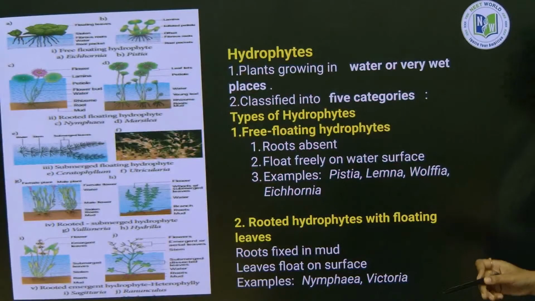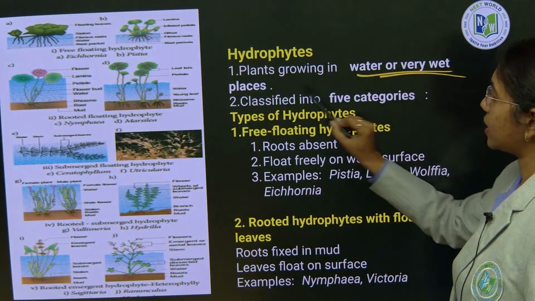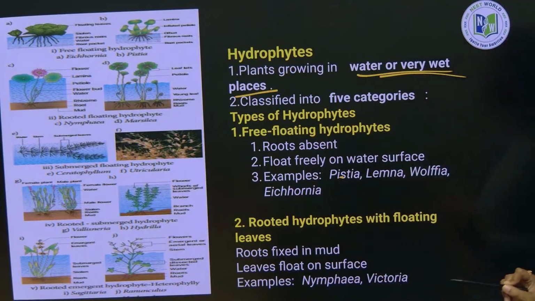First is hydrophytes, plants which are in water habitats. Next is mesophytes, plants with moderate water conditions. Next, xerophytes, plants with dry habitats. Plants growing in water or wet places are known as hydrophytes. They are classified into 5 major categories.